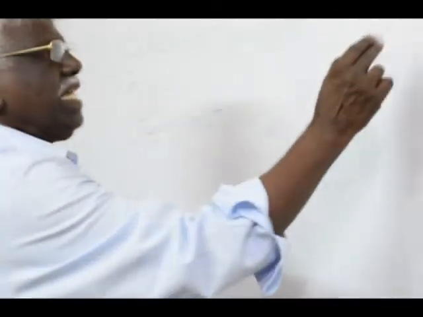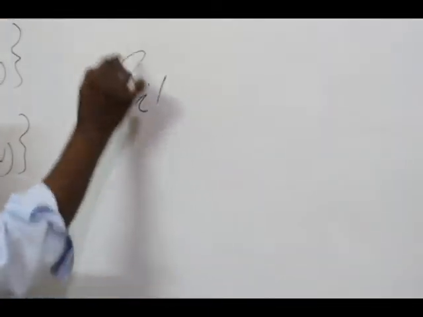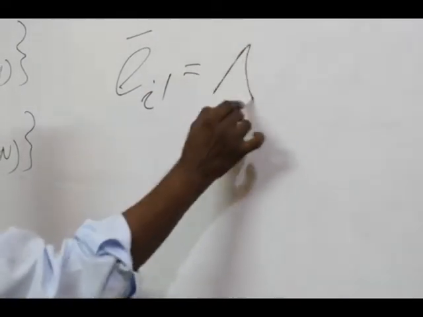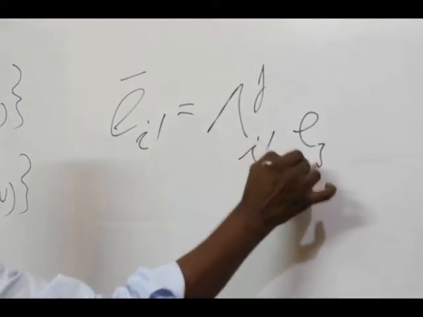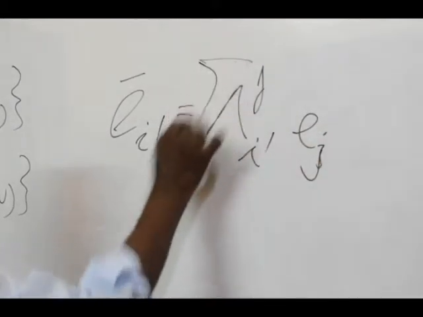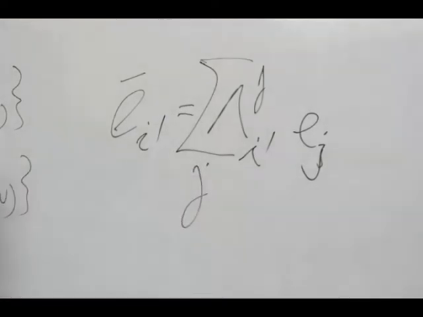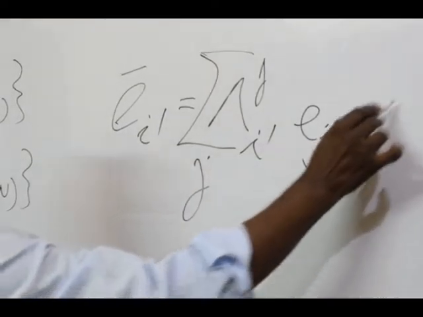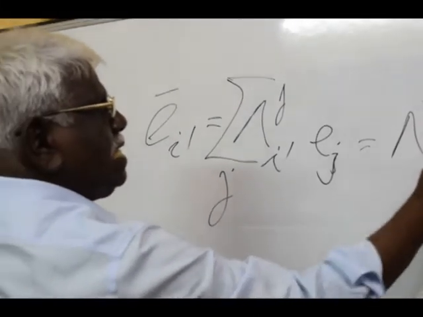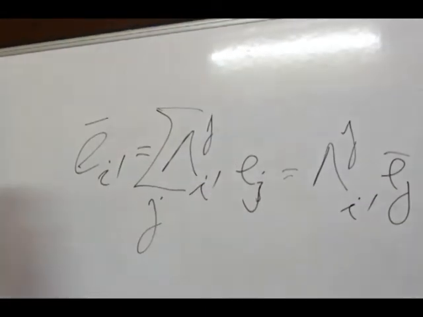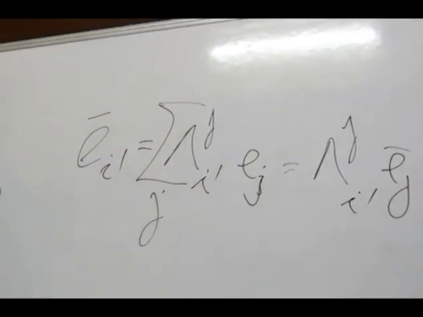I write the vector e_i' as equal to lambda_i'^j e_j, summed over j. Using Einstein's summation convention, I simply write lambda_i'^j e_j.